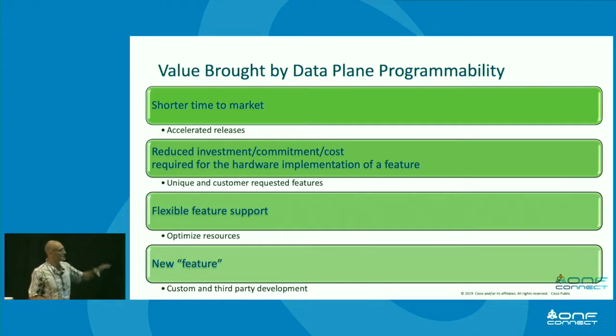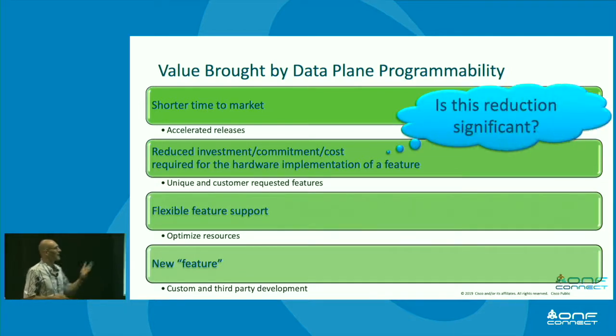So all of these 4 items are the values that can be brought by a programmable ASIC. But how big is this value? So, for example, how significant is the reduction of time in releasing a new product, or the reduction of cost and effort and time in implementing a feature requested by a customer?